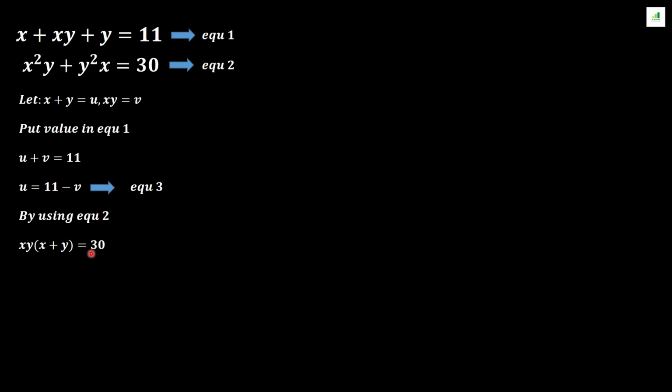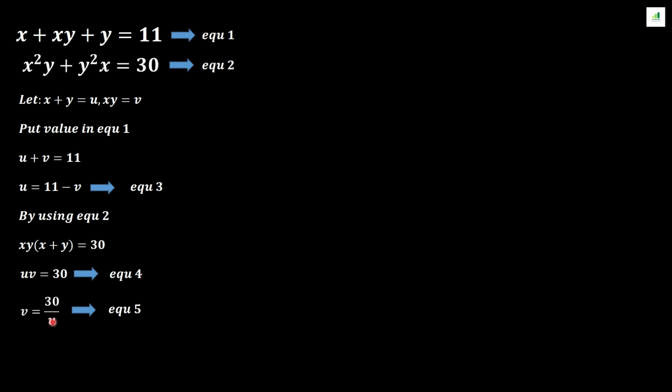Now we replace xy with v and x plus y with u, and we get u times v equal to 30, which is equation number 4. Now in the next step, this u will move to the other side of the equation and we will get v equals 30 over u, which is equation number 5.